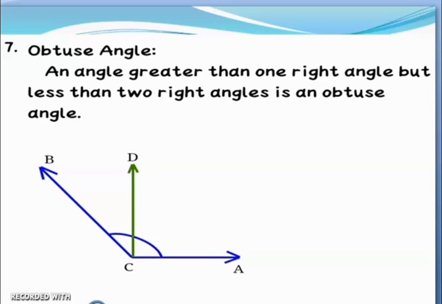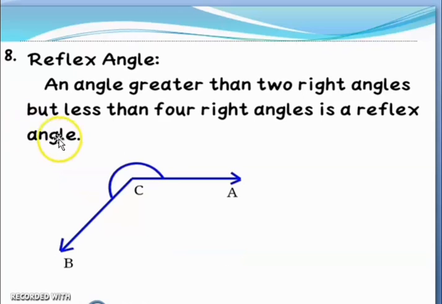After this, there is another kind of angle, that is the reflex angle. Dear students, an angle greater than two right angles but less than four right angles is a reflex angle. What does it mean? This means that an angle which is greater than 180 degrees and less than 360 degrees is called a reflex angle.